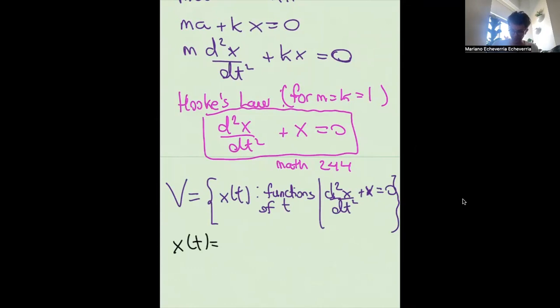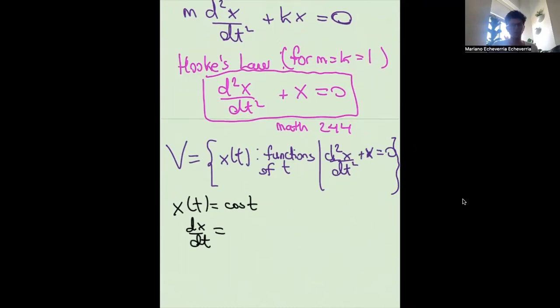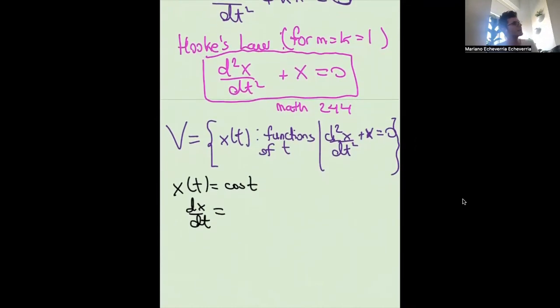What if you take x of t to be cosine of t? Does anyone remember the derivative of cosine? Again, if you have seen this, good; if not, don't worry. Does anyone know what the derivative of cosine with respect to t equals? So the derivative of cosine is minus sine, and then when you take the derivative of that again, the derivative of sine is cosine, so you get minus cosine of t.